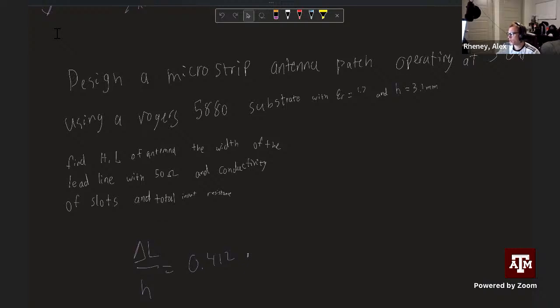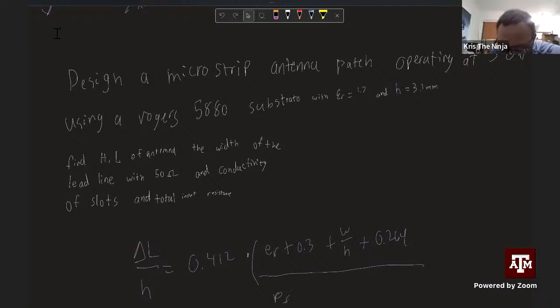And then that's over epsilon ref minus 0.258 times W over H plus 0.8. I'm writing it down, it might take a minute. Go ahead.